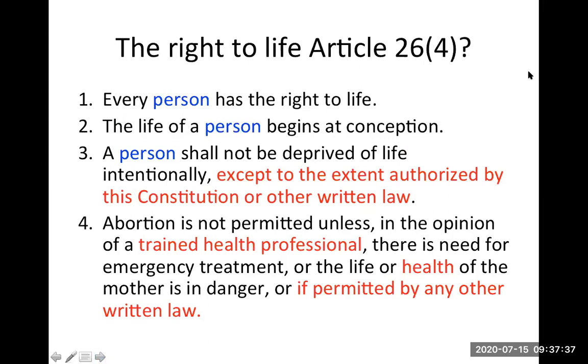The next right I'd like us to reflect about that generates a lot of conflict is the right to life. Article 26 of the Constitution of Kenya, 2010. Actually, around this time in 2010, people were busy campaigning for or against the Constitution.